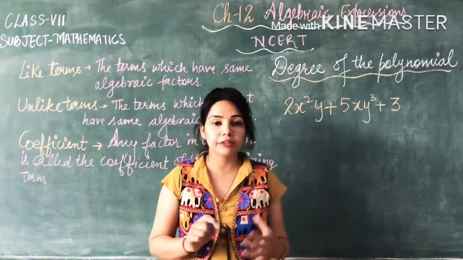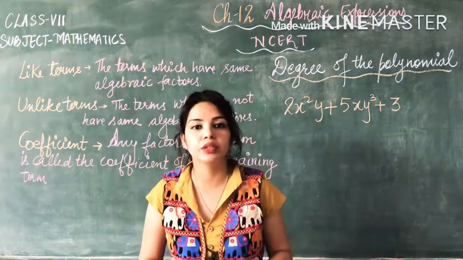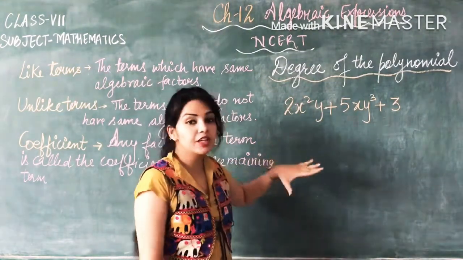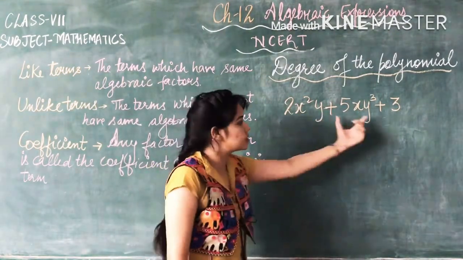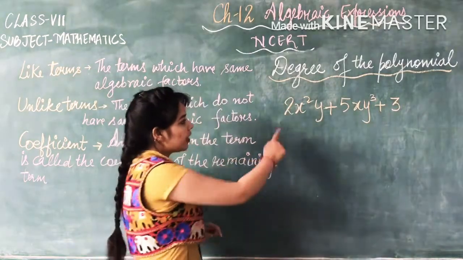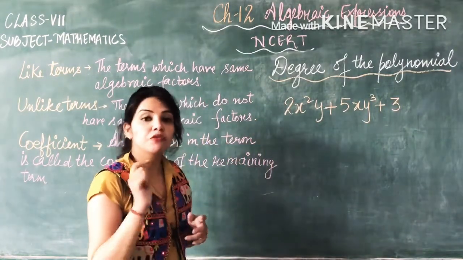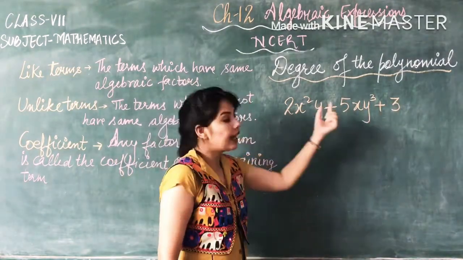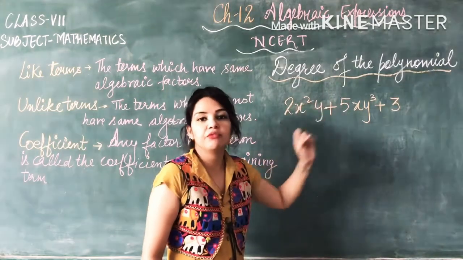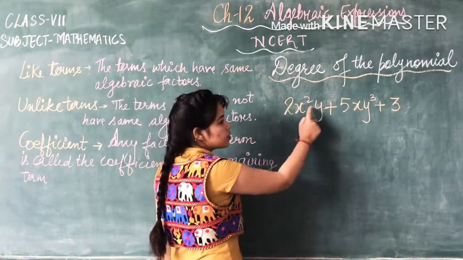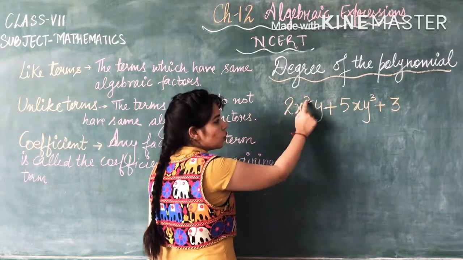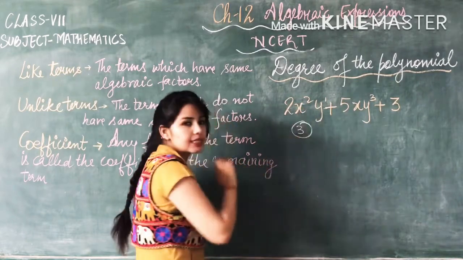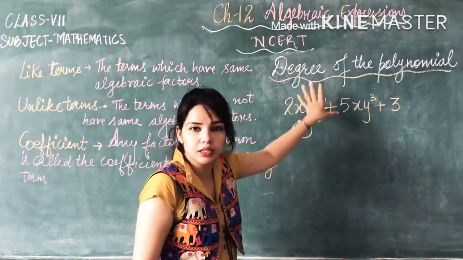Having learned about the different types of polynomials, let's talk about the degree of a polynomial. Suppose this is a polynomial, and it is a trinomial because it has 3 terms. If I ask what the degree of this polynomial is, what we have to do is take up each term and add the powers of the variables. Here there is 2, and there is nothing, which means 1, so 2 plus 1 is 3. This is the highest degree of this term.